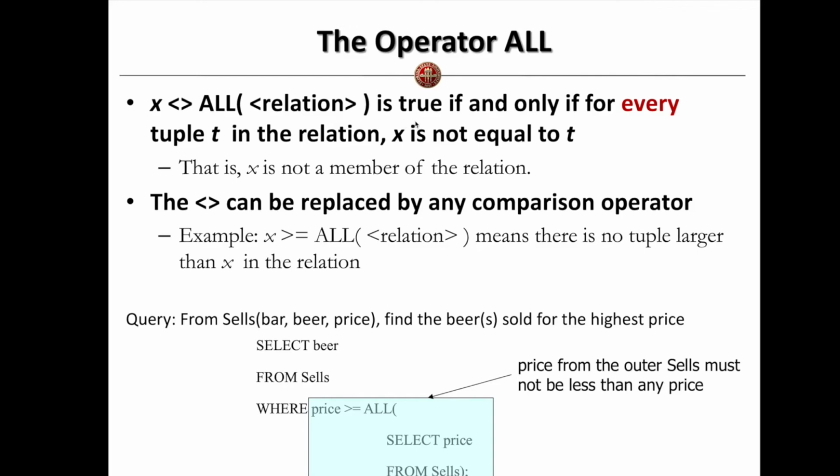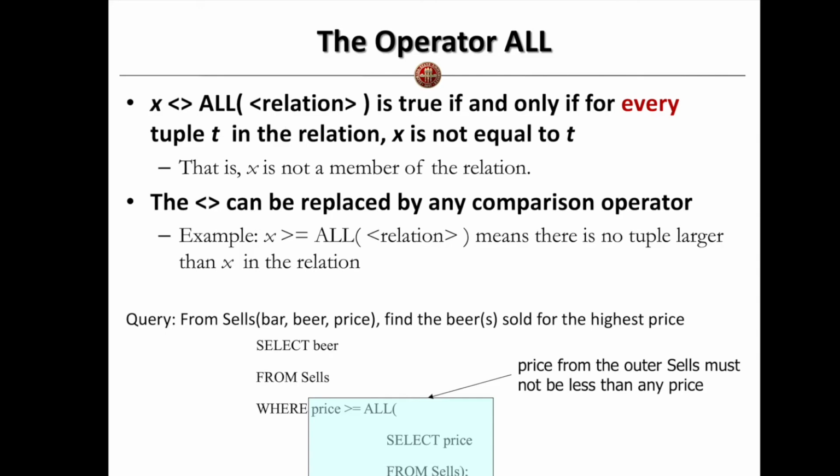It returns a true value if and only if for every tuple t in the relation, x is not equal to t. You can also compare with this any, right? For the any, if we can find one case where this condition holds, it will return a true value. However, for the all operator, we need to make sure that for all the cases, this comparison doesn't hold, then we can return a true value.